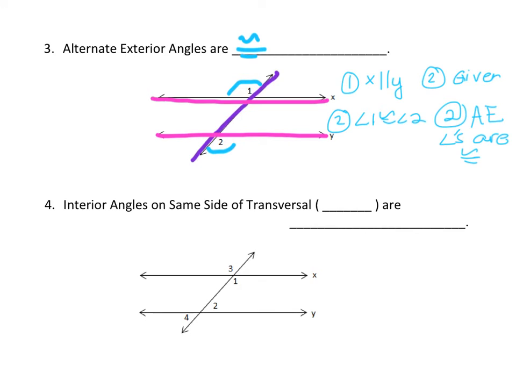Alright, our next example, we're talking about interior angles that are on the same side of the transversal. And we can call this SSI. So same side interior are supplementary.